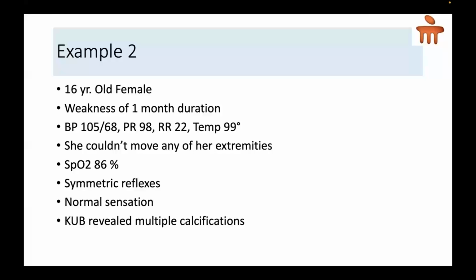Next scenario, a 16-year-old female presents with weakness of 1 month duration, BP of 105/68, heart rate of 98, respiratory rate of 22, temperature of 99 degrees. She couldn't move any of her extremities, saturation 86%, symmetric reflexes, normal sensation. Her KUB showed multiple calcifications.